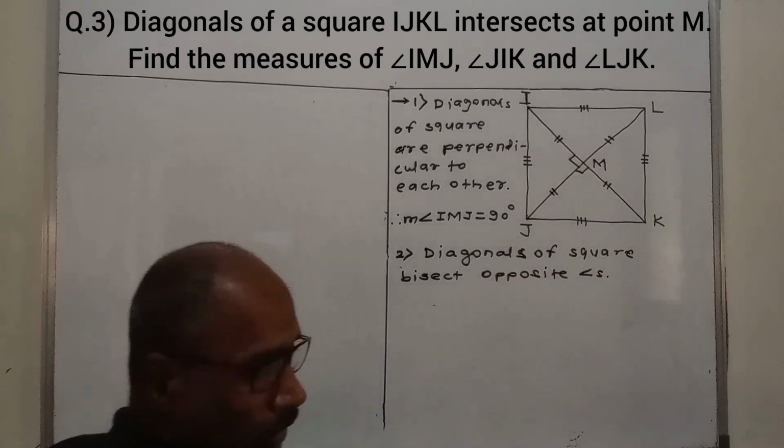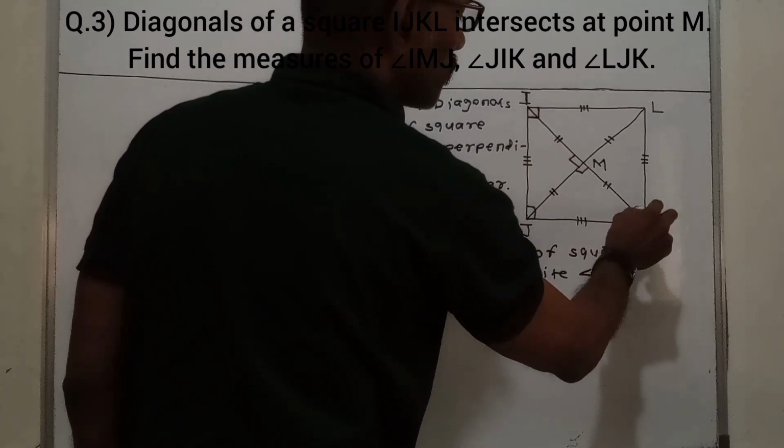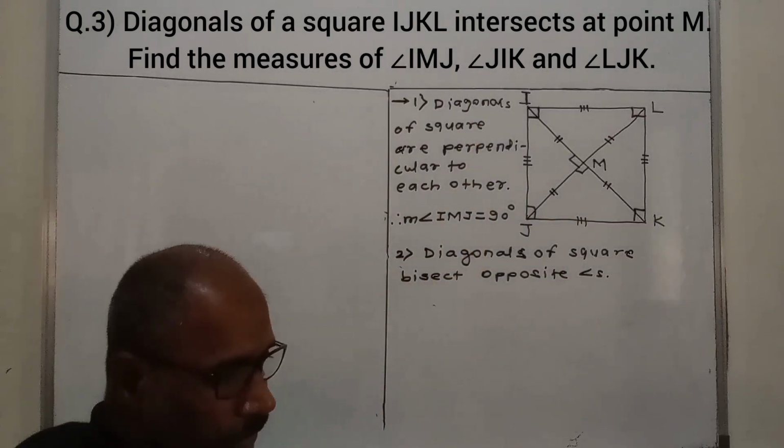See here, this opposite angles I and K. Now each angle of square is right angle, 90 degree.